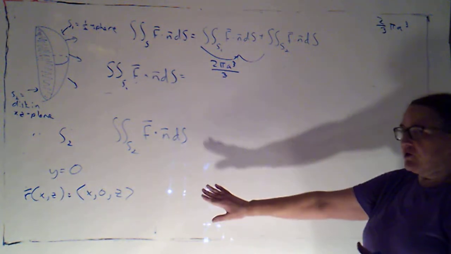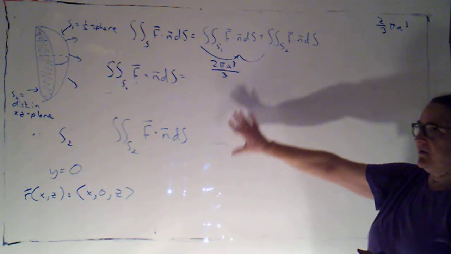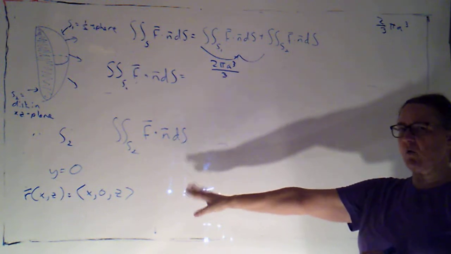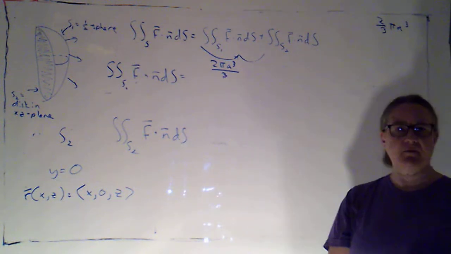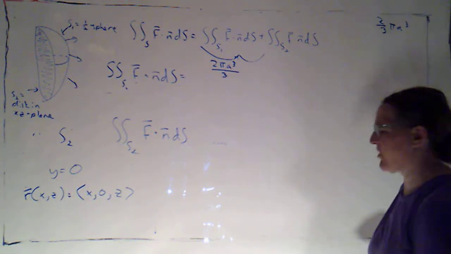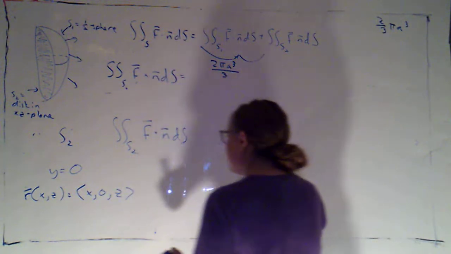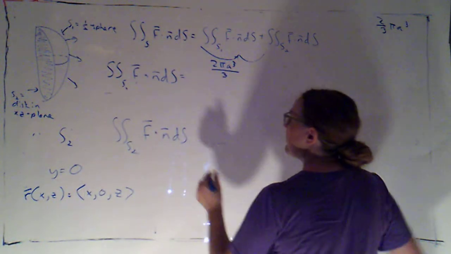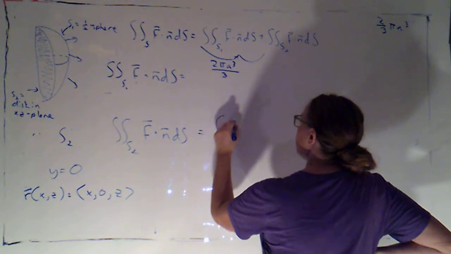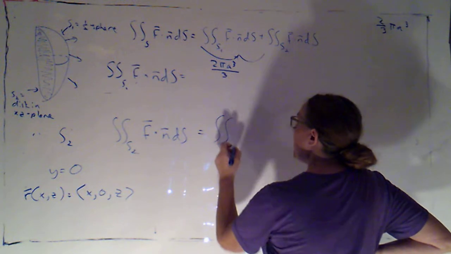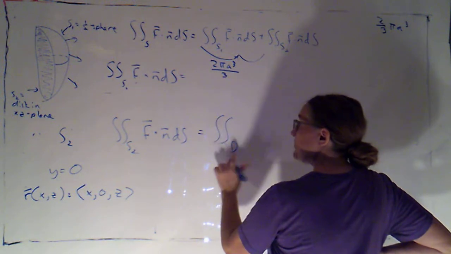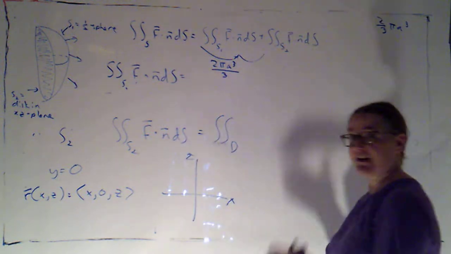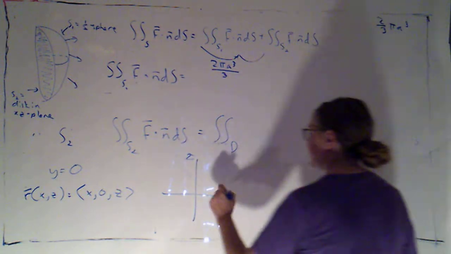Now, you might have noticed how we're going to know that this integral is 0 at this point. I'm going to keep working just because I want to actually set up this parameterization, again, just for some extra practice. So if I go to write this out, it would become the double integral over D. Now D would be the projection of this onto the xz plane, because I'm viewing y as a function of x and z.